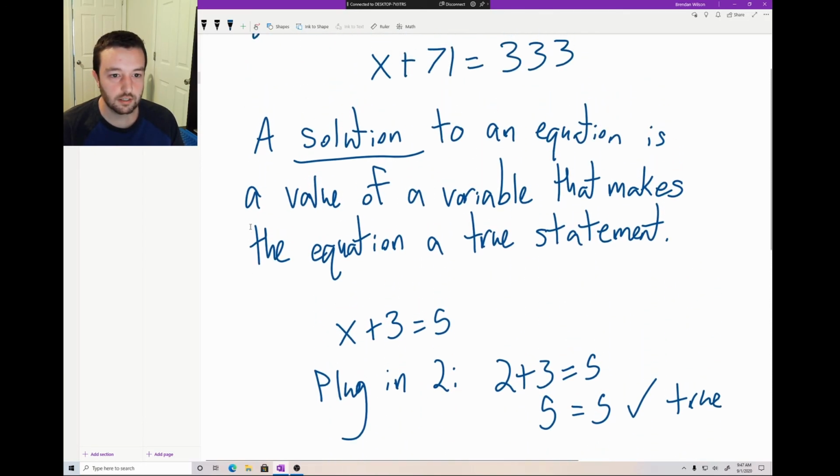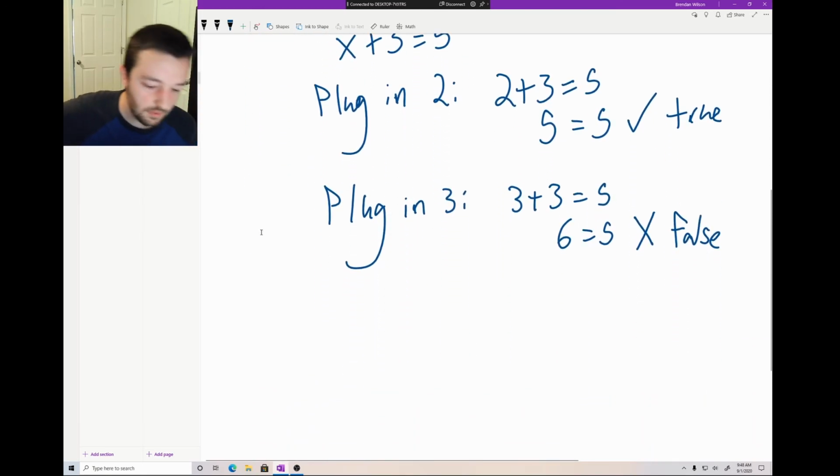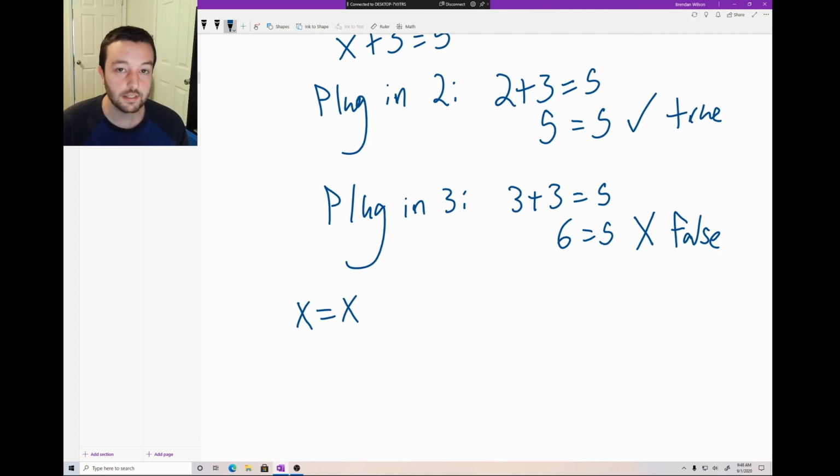Well, actually, here's one. What if we just had something as simple as x equals x? Okay. So this is an equation. X is an expression.